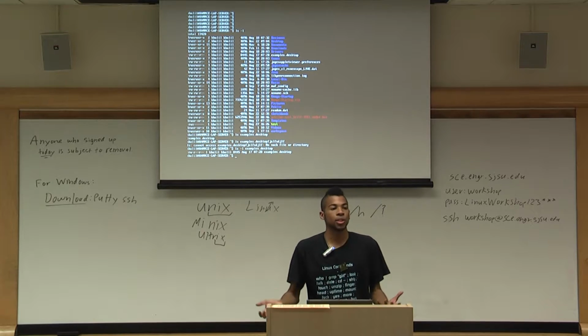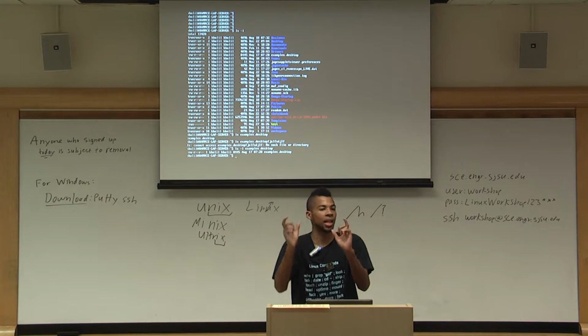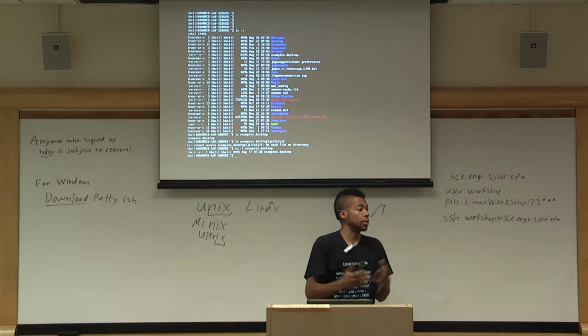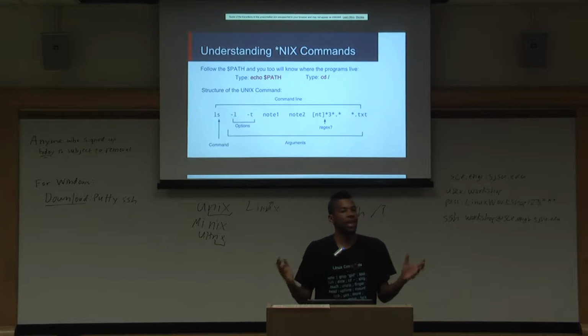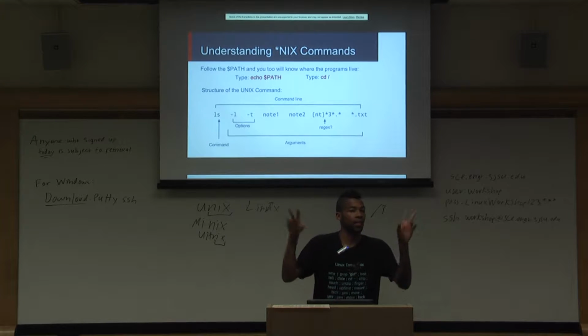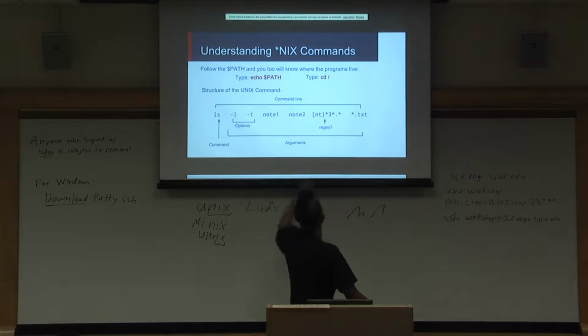So the arguments for this particular command, when you put anything else that's not a dash and a letter, it takes that as, oh, this must be a file. Now that's not universal to all commands. All commands have different inputs that you might give it. You might give it a string, you might give it a number. So in this case, what this takes would be note1 and note2.